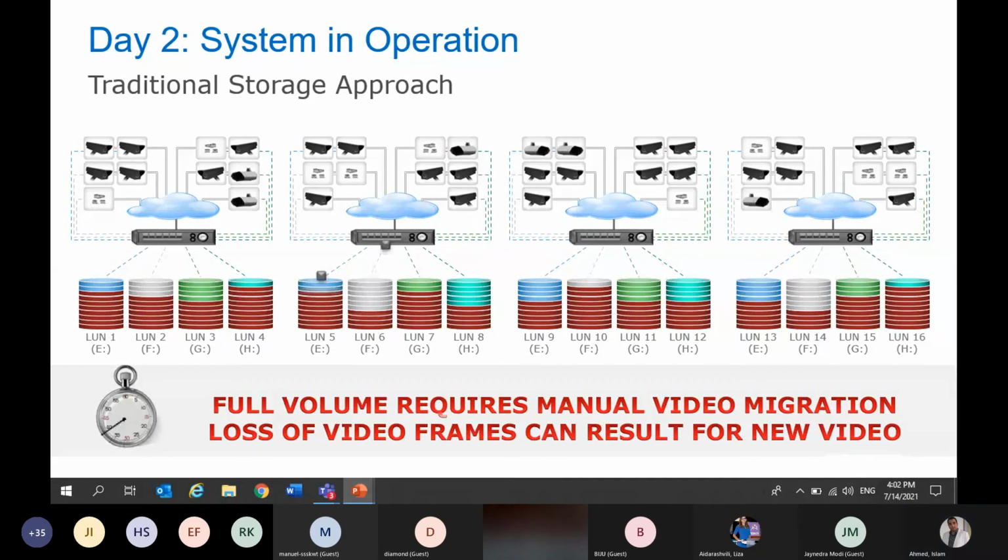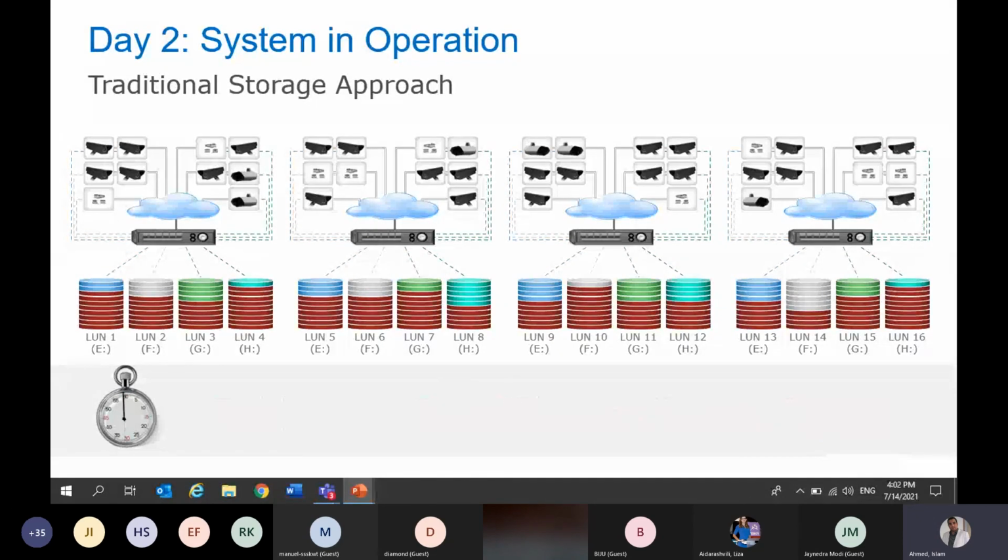What to do? In order to balance between volumes, and to keep a volume accepting video, we have to migrate the video from that volume to another volume using the server itself, which makes the server busy talking to these volumes instead of getting videos from the cameras.